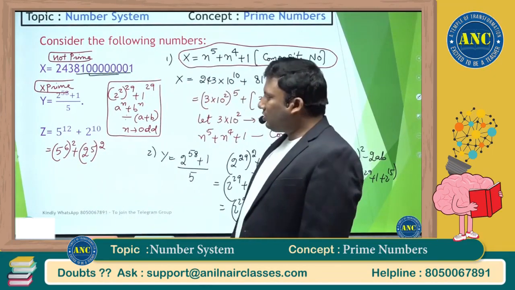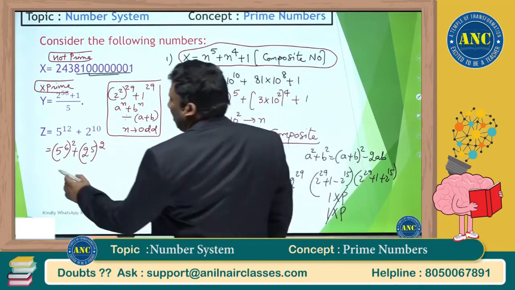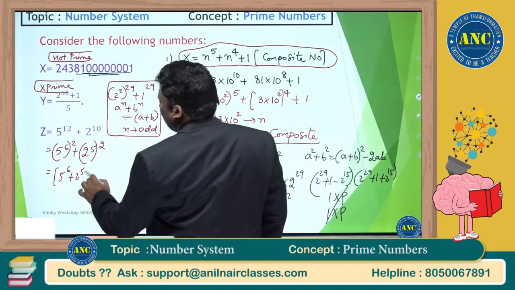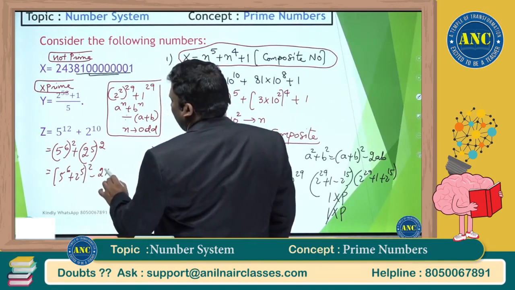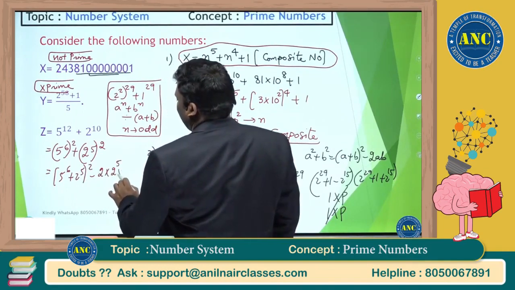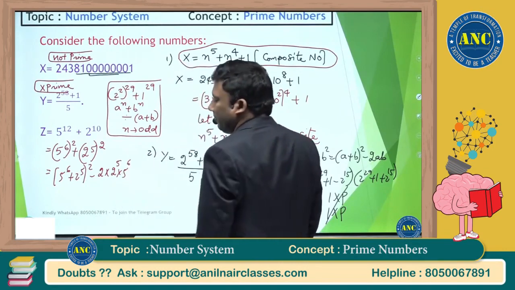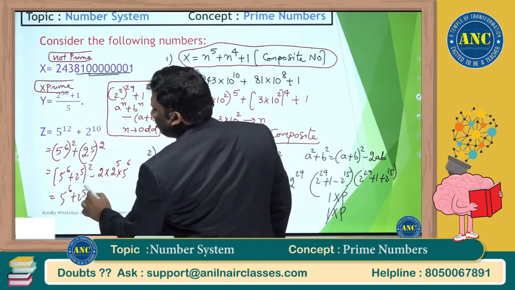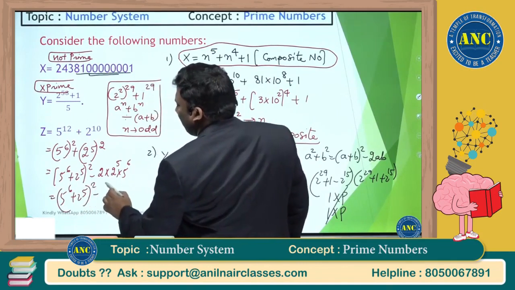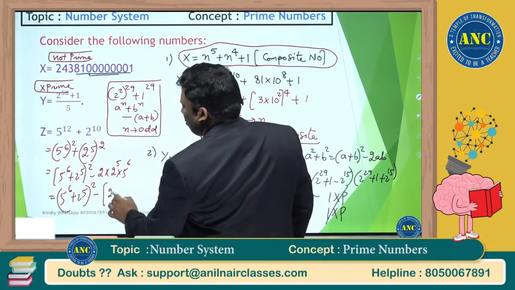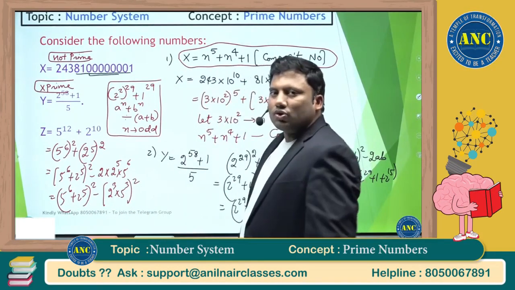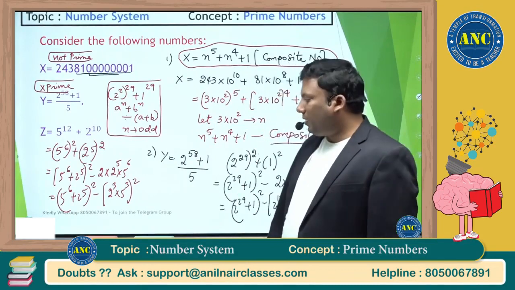A square plus B square is A plus B whole square minus 2AB. So it is 5 power 6 plus 2 power 5 whole square minus 2 cube into 5 cube whole square. Yes or no? 2 into 2 power 5 is 2 power 6.